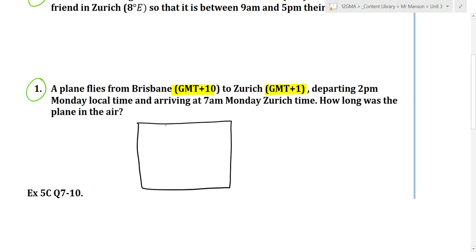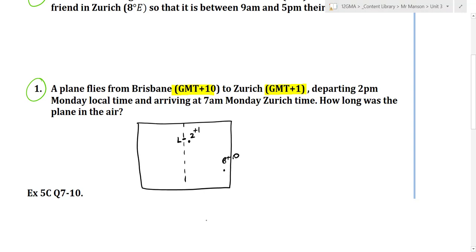So here's my London. Zurich, I know, you might not know this, but it doesn't really matter. I know Zurich is in Switzerland, which is pretty close to London, and I know that Zurich has got a plus 1 because the question told me that. Brisbane's down here, which is a plus 10, and the fact that Brisbane is so far south of Zurich doesn't actually matter for me in this question.